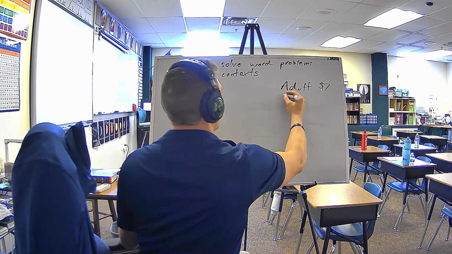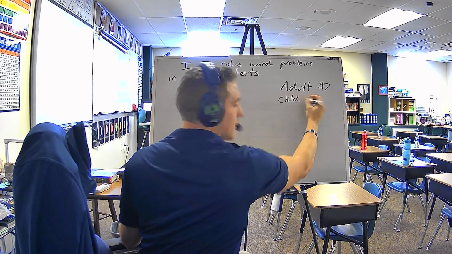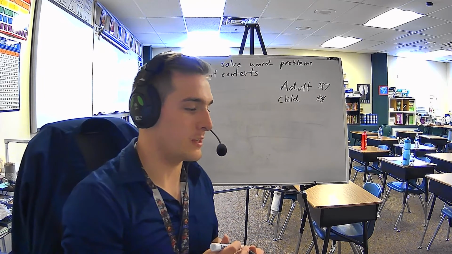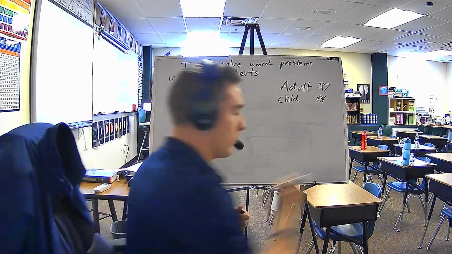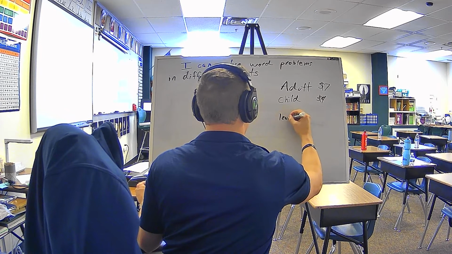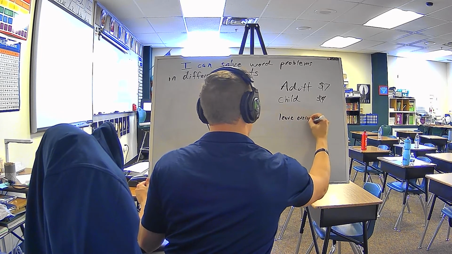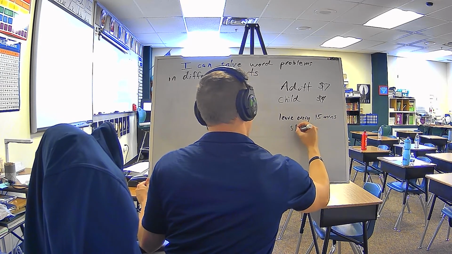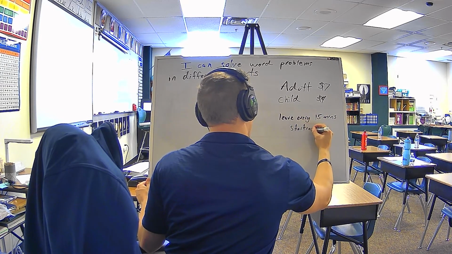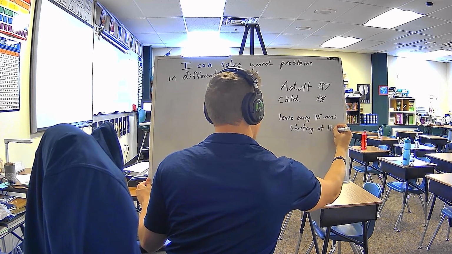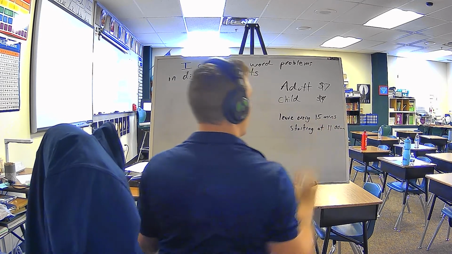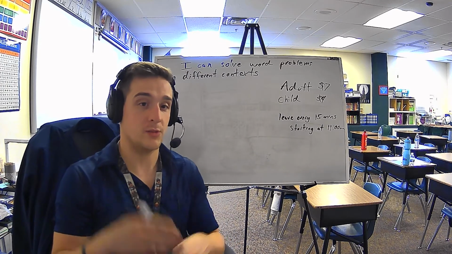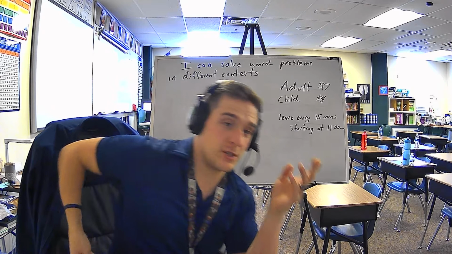A child ticket costs $4, and they leave every 15 minutes starting at 11 a.m. So going over there, just getting the idea that you can answer multiple questions based off of the little bit of information we have here.